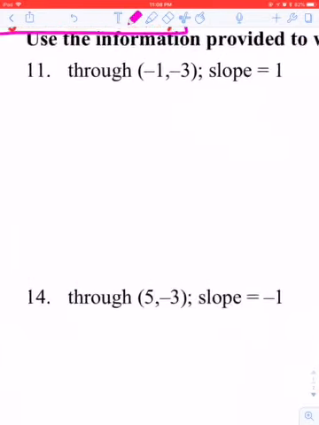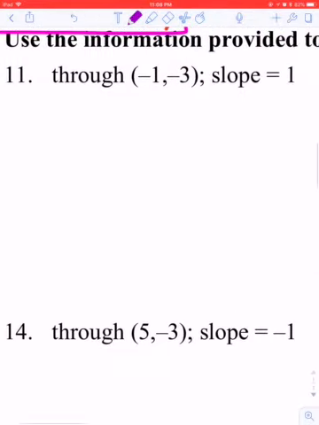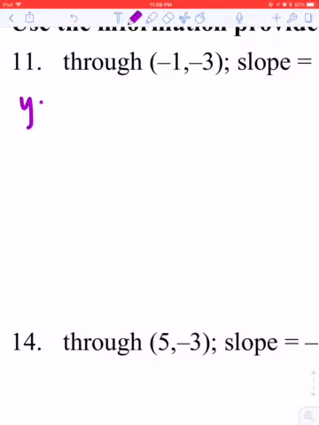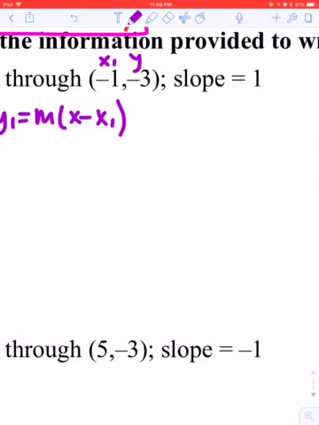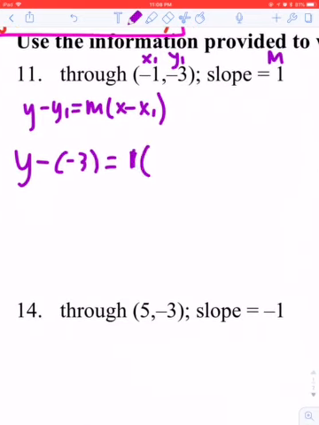So number 1, we're going to start this off writing it in point slope form. So again, y minus y1 is equal to m times x minus x1. So I can label these as my x1, my y1, and this is my m. So y minus a negative 3 is equal to my slope, which is 1, times x minus a negative 1.